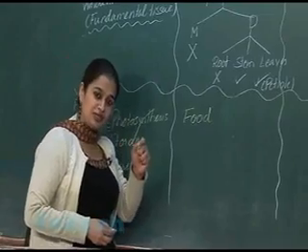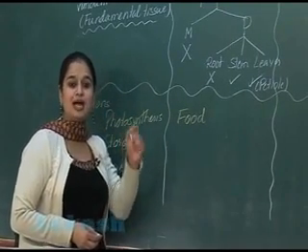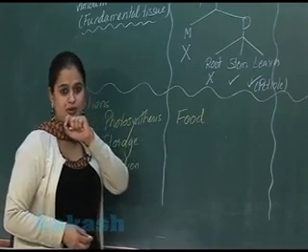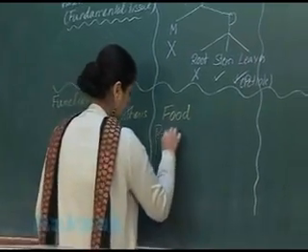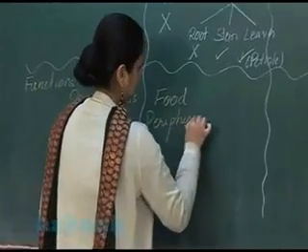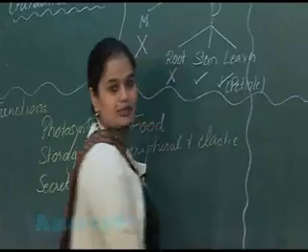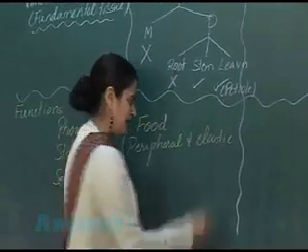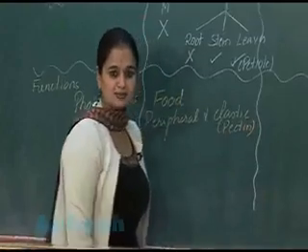collenchyma is peripheral in position, and it is going to add flexibility to the organs. It is elastic in nature. Peripheral position है और इसके साथ साथ elastic in nature है. And again the elastic nature is contributed by pectin.